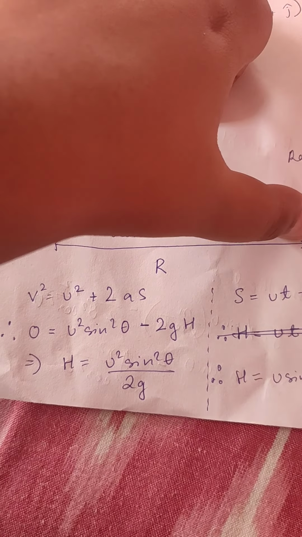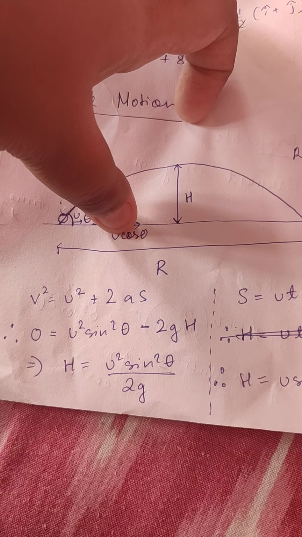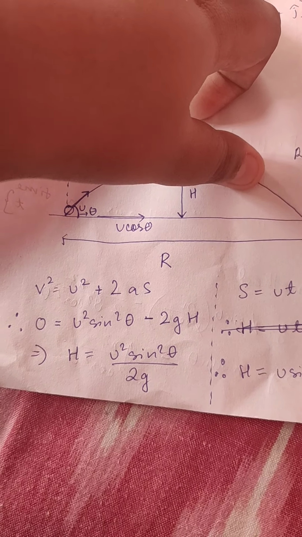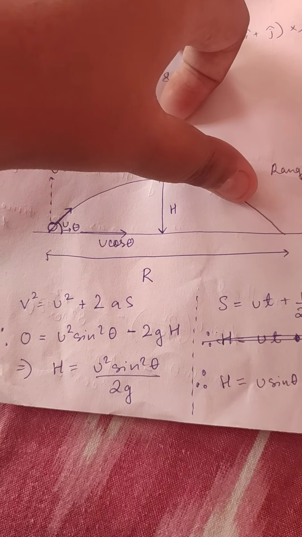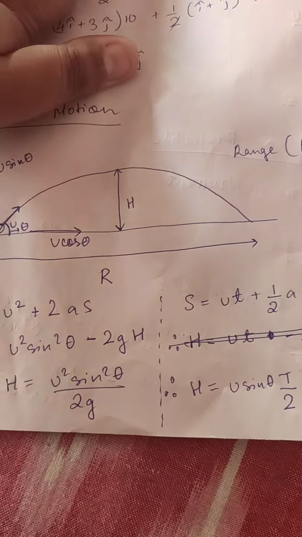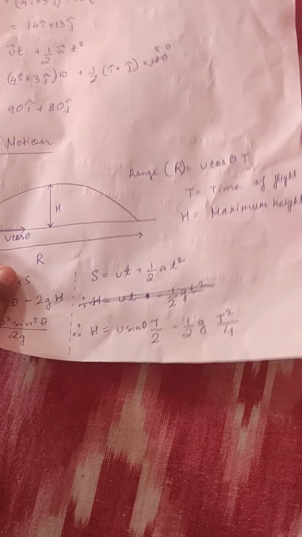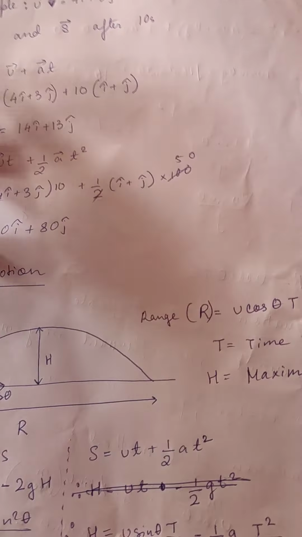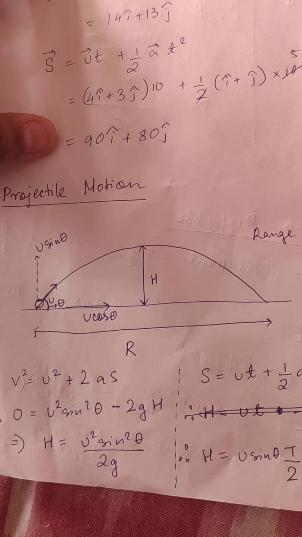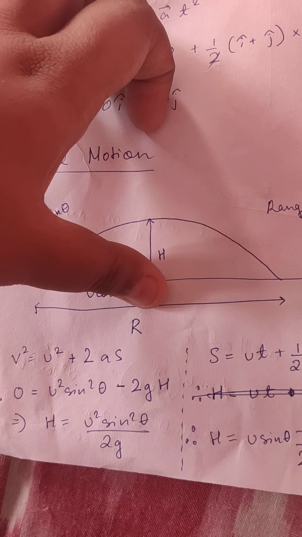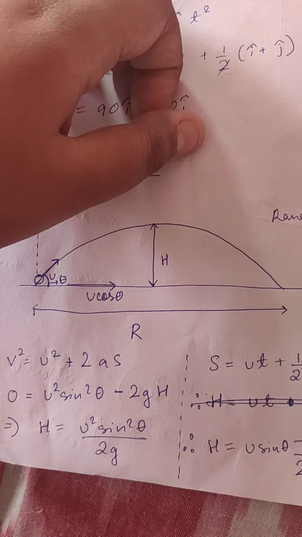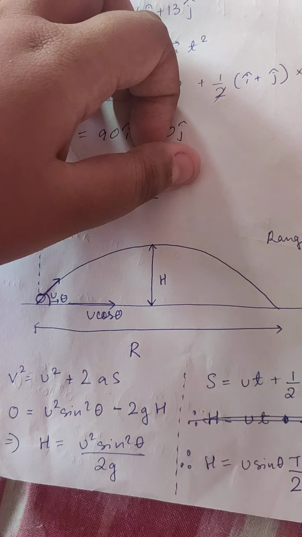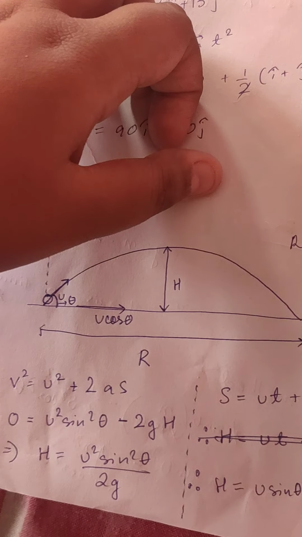This you have also learned in vertical motion: the time required by the body to move from the ground to a certain point is equal to the time required by the body to move from that point to the ground.